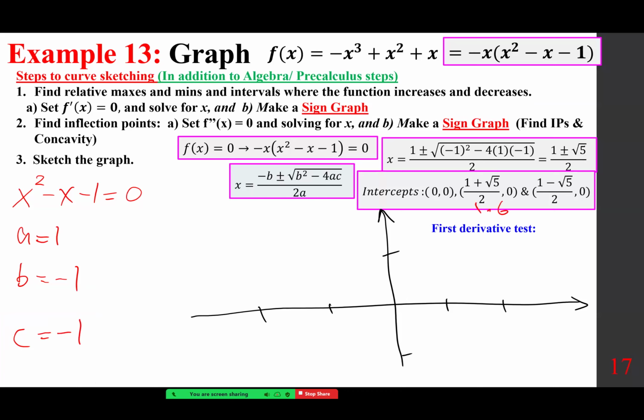So this is 1.60. 1 minus square root of 5 divided by 2 becomes about negative 0.60, so roughly here. And of course, the easy one, (0, 0). By no means is this to scale.